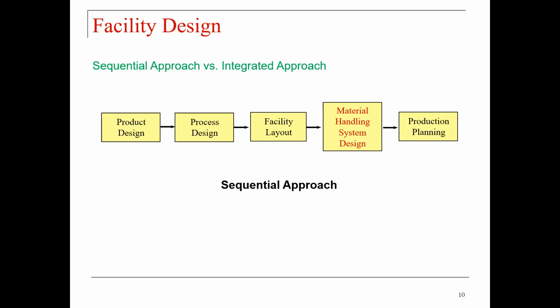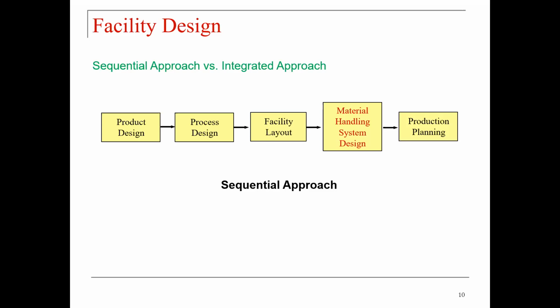As you can see in this slide, there is a step-by-step process. There's no interaction between product design and facility layout. There's no interaction between product design and production planning. So basically you complete one step and then you move to the next one. So if you get stuck in the product design, the other 4 areas are not worked until you finish the product design.